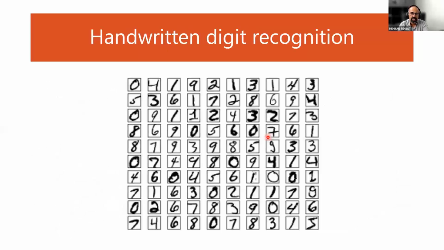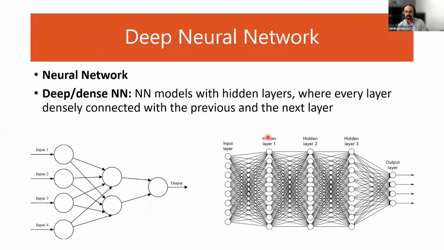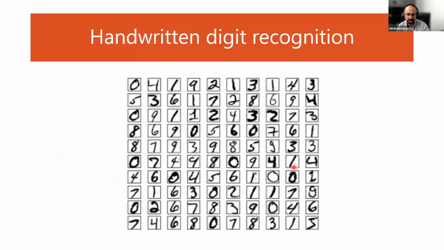Out there, there are plenty of advanced algorithms like CNN, or convolutional neural network, for the purpose of image recognition. But for this introduction, let's start with a simple example or application of neural network, which is actually the hello world example of neural networks.